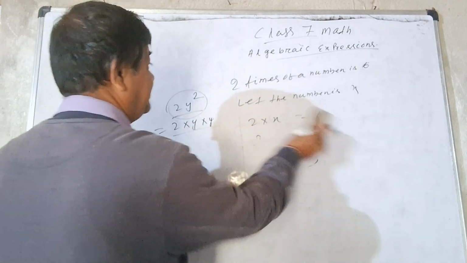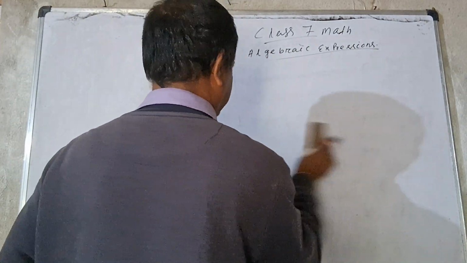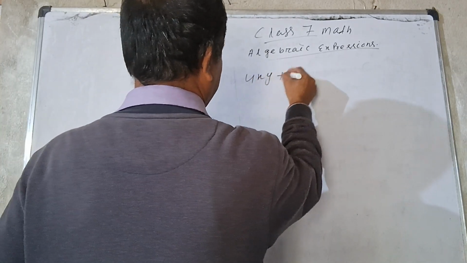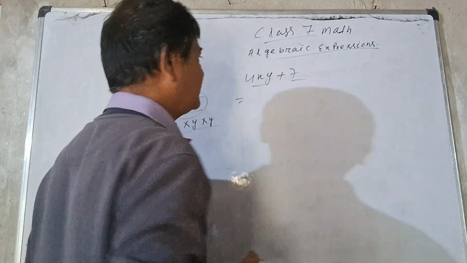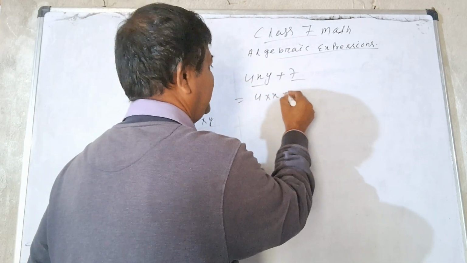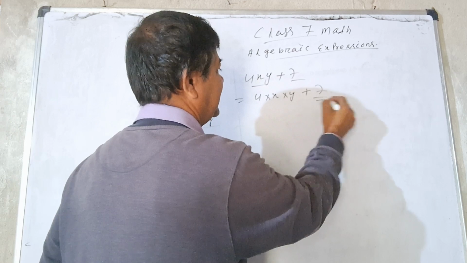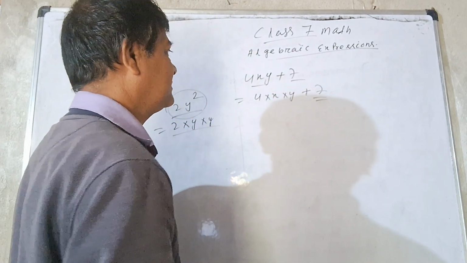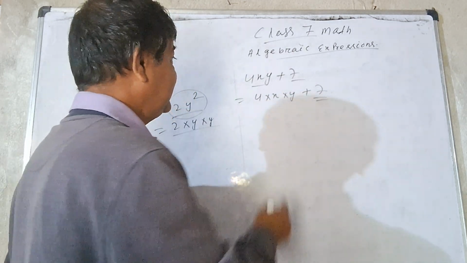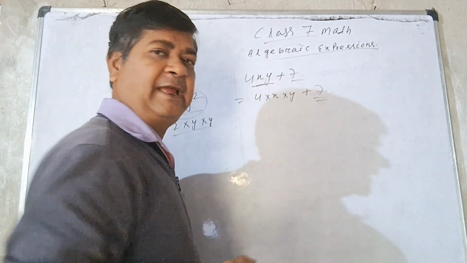Now 4xy plus 7, another example. There are two terms. 4 into x into y is a single term, and 7 is another term. There are two variables, x and y.